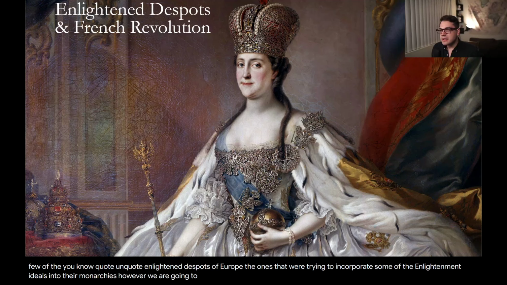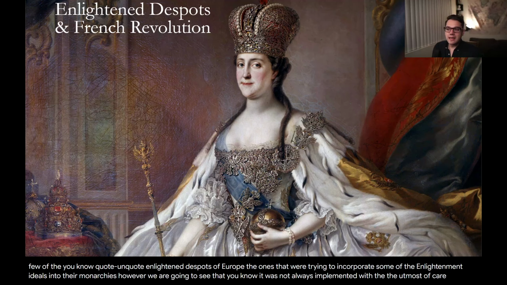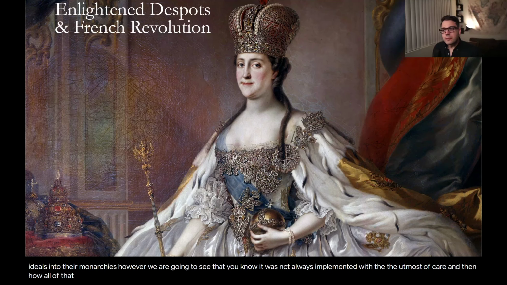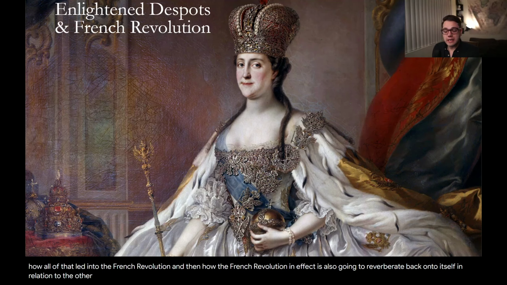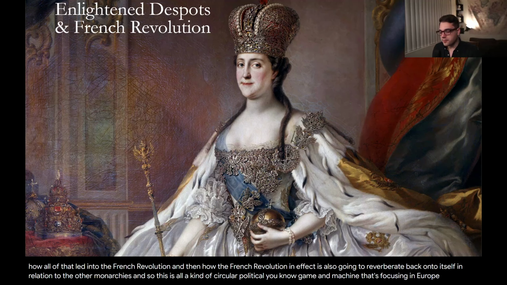However, we are going to see that it was not always implemented with the utmost of care, and then how all of that led into the French Revolution, and then how the French Revolution, in effect, is also going to reverberate back onto itself in relation to the other monarchies. And so this is all a kind of circular political game and machine that's focusing in Europe right now.